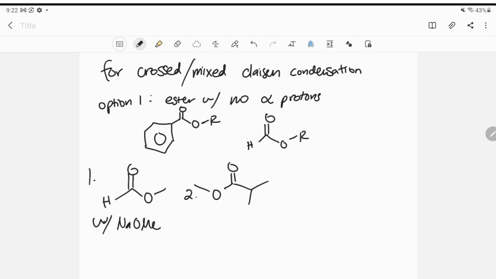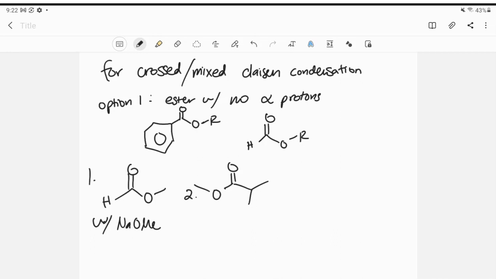Notice our first reagent does not have any alpha protons because there's no alpha carbon, right? So there's no alpha protons. So the base is not going to do anything. If anything, it'll just react and produce the same thing, right? Methoxide would attack, kick out methoxide, no change. So we're okay. However, if we tried to put the base with number 2, it would just react with itself, do a Claisen with itself.